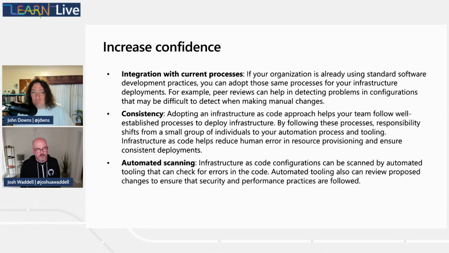Hey John, the one thing that really stands out to me is the line there on reducing human error, right? Doing automated deployments from either a script or from a template that's already built, that's already been reviewed, that's already been tested, versus somebody going into the portal and making those deployments manually.